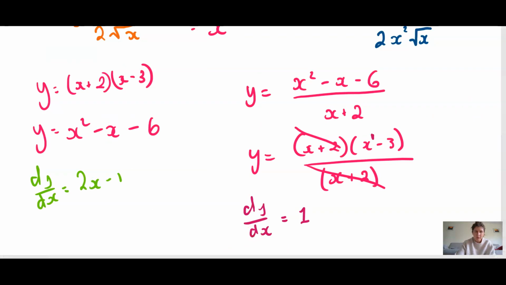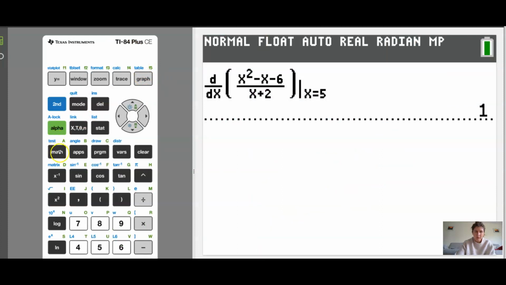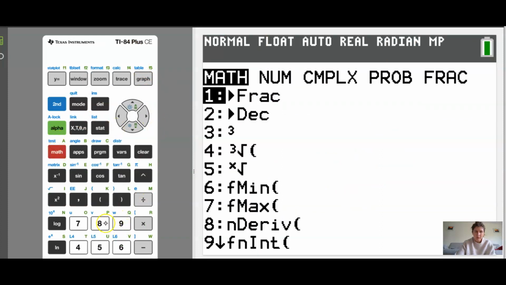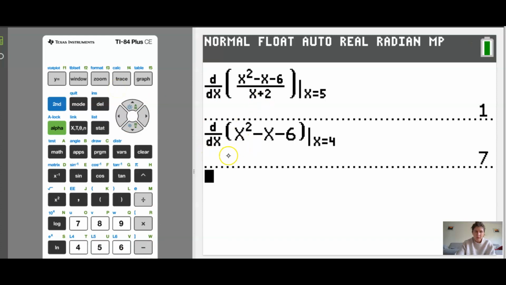If we had a more complicated one like this one here, when we were taking the derivative of x squared minus x minus 6 without the fraction, then if we looked at our derivative when x equals 4, we get a derivative of 7.